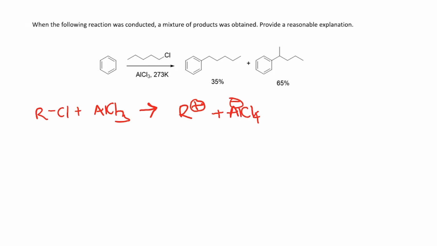But if it is not very stable, and if the reaction conditions allow us, then you could actually imagine that there could be a rearrangement of the carbocation, which you have already studied previously. Okay, so let's take this example over here. So let me just number these carbons so that it's easy for us to keep track.